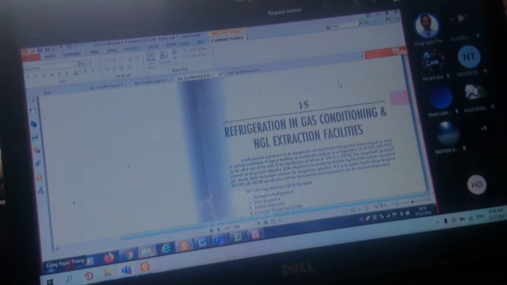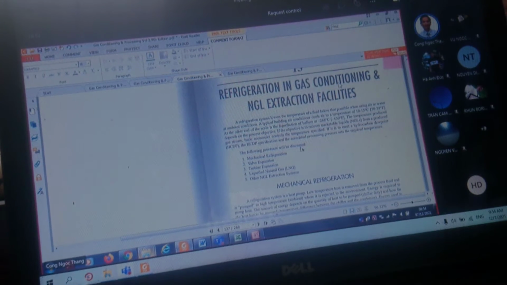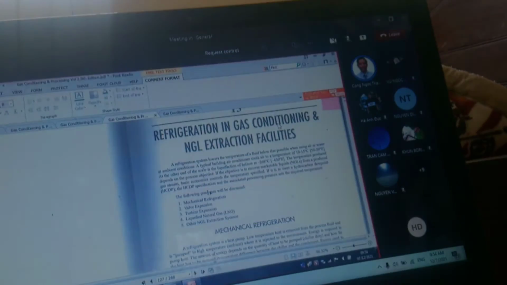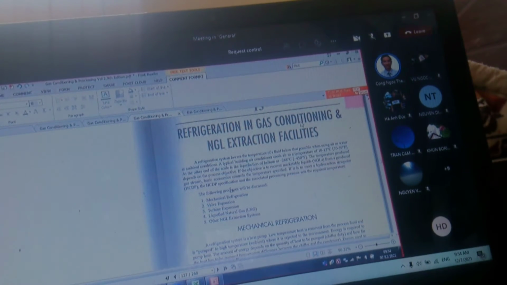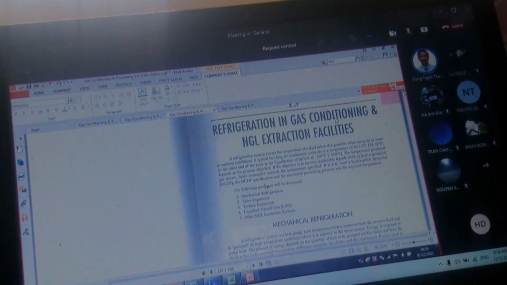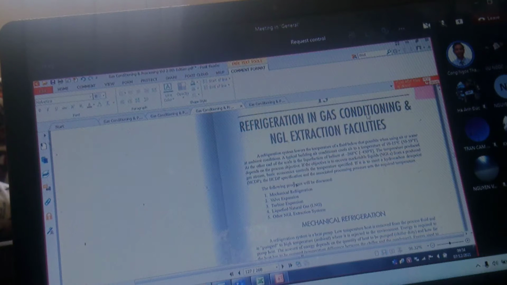So to separate a mixture of gas, we can apply condensation and refrigeration system. When we change the working condition, for example here we change the pressure and change the temperature, the heavier component is condensed.